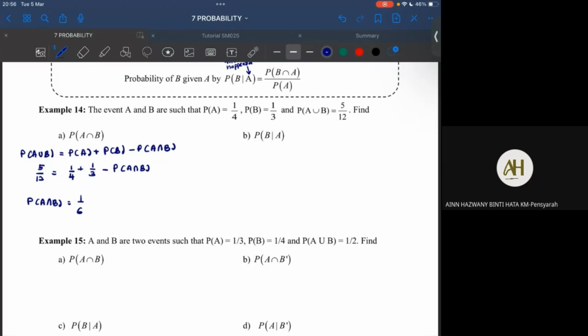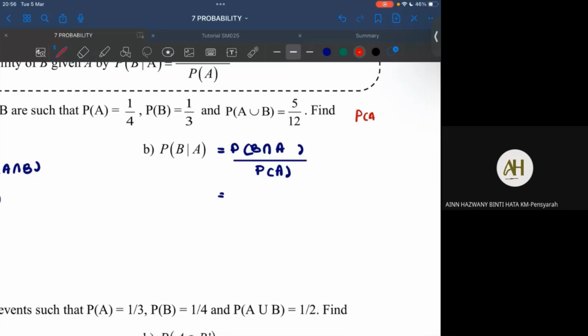Soalan B, which is apa yang kita tengah belajar sekarang, which is given. Okay, conditional event. So conditional event, macam mana formula dia? Atas intersect. Okay, ikut sahaja. P(B intersect A). Belakang ialah, belakang pula. Yang bawah ialah apa yang ada dekat belakang. Okay. So, P(B intersect A) kita cari daripada soalan A. P(B intersect A), P(A intersect B) benda yang sama.